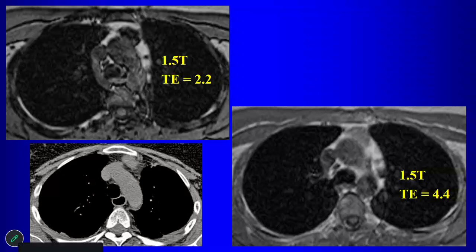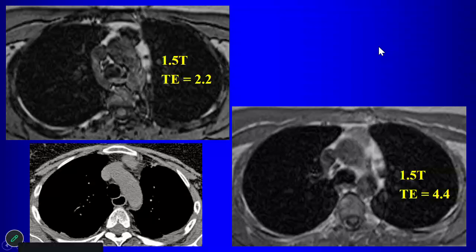There's that microscopic fat, so I'm more likely thinking thymic hyperplasia. Yeah, so when we see this, then we think of benign lesions. So in this case, thymic hyperplasia, which can also be associated with myasthenia gravis. So you would not expect the malignancy to drop out that much out of phase.